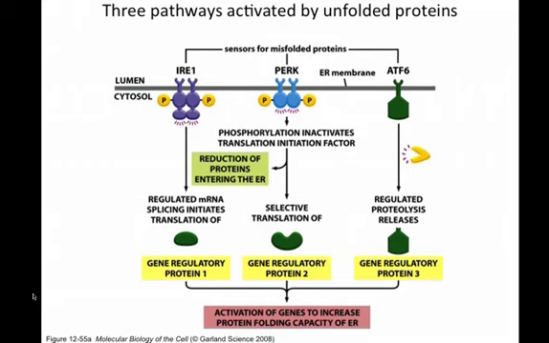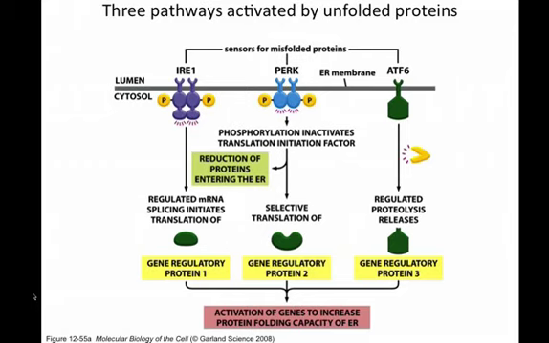There are actually three main pathways activated by unfolded proteins. One is this splicing thing that I just talked to you about. There's this mRNA that's spliced that activates expression of these gene regulatory proteins that then go back in and induce gene expression to increase the protein folding abilities in the ER.